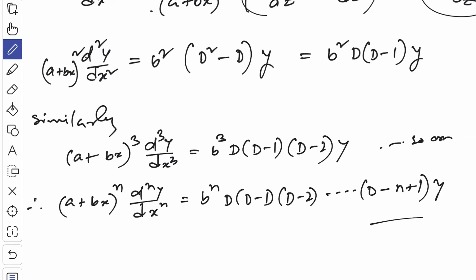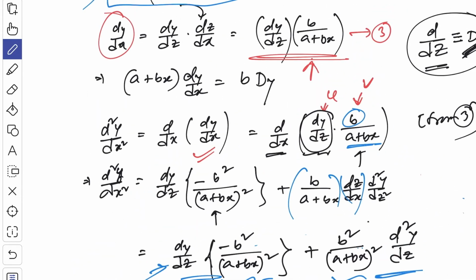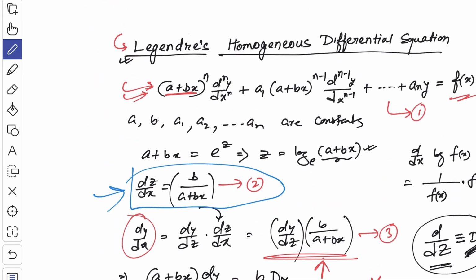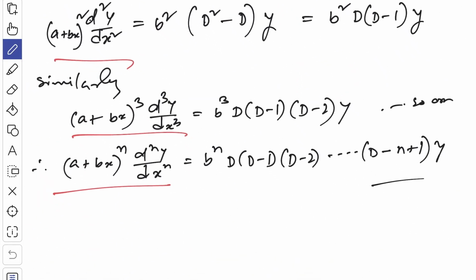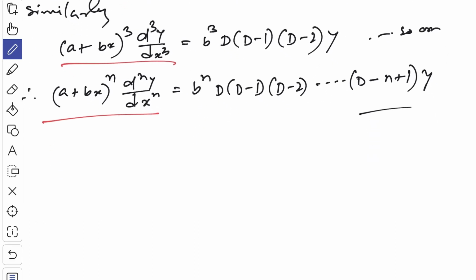And if you substitute those values in equation number 1, then this Legendre homogeneous differential equation will be reduced to a linear differential equation, right?